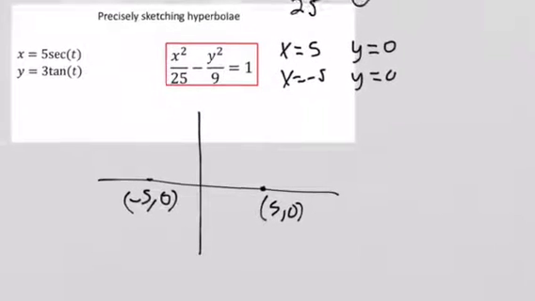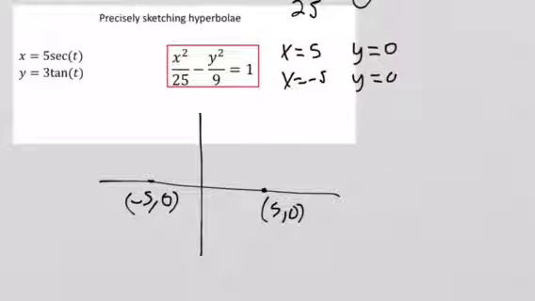Now, to really precisely sketch this, we're going to do this weird thing that's not going to make a ton of sense yet, but it's going to make more sense when we start talking about slope. So what we're going to do is we're going to go up to 3, 0. And let's actually draw in my tick marks here. So 1, 2, 3, 4, 5. 1, 2, 3, 4, 5. 1, 2, 3. 1, 2, 3.